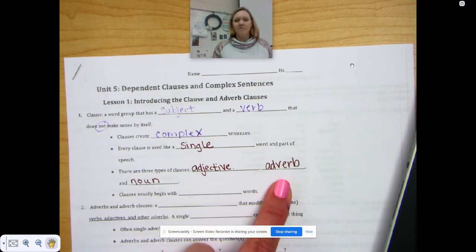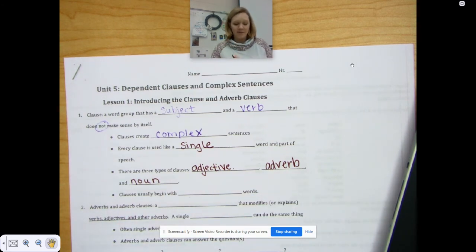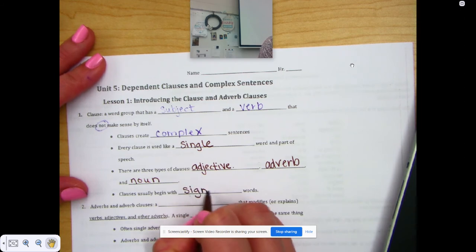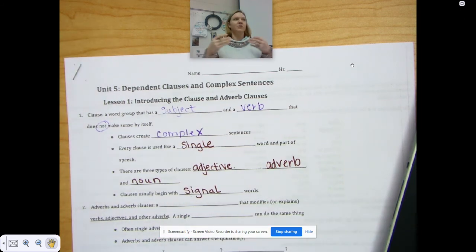Today we're talking about adverb clauses, and they are, in my opinion, the easiest of the three to identify, to work with, to use, just everything, okay? Now, all clauses typically begin with what we call signal words. Just like a signal on the street, if it's a red light, yellow light, or green light, signal a driver to do something. A signal in a clause signals a writer or a reader to do something, okay?